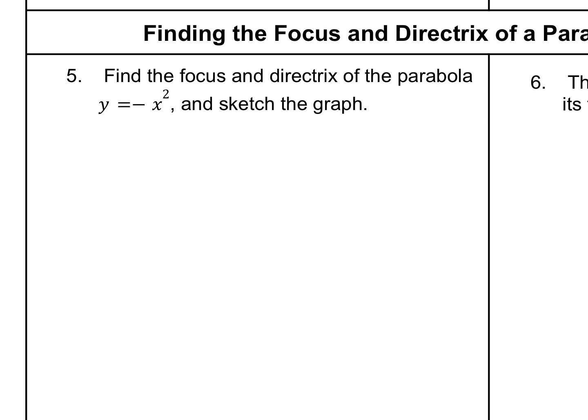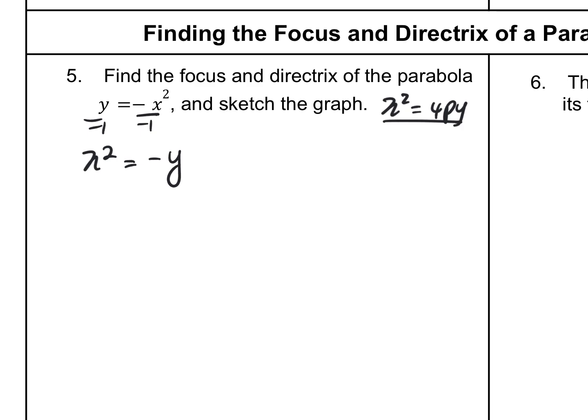In this case, it should be in the form x squared is equal to 4py. So what I'm going to do here is divide both sides by negative 1. This gives me x squared is equal to negative y.